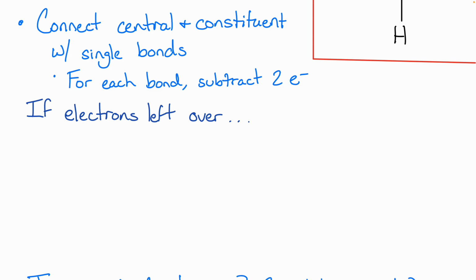But where are we going to put those lone pairs? We're going to have one particular strategy where the first thing we do is make everybody on the outside happy. All right, so we're going to complete the octet of all of the constituent atoms first, and then if anything's left over, we put it on the central atom. So first, add lone pairs to complete the octet of the constituent atoms.